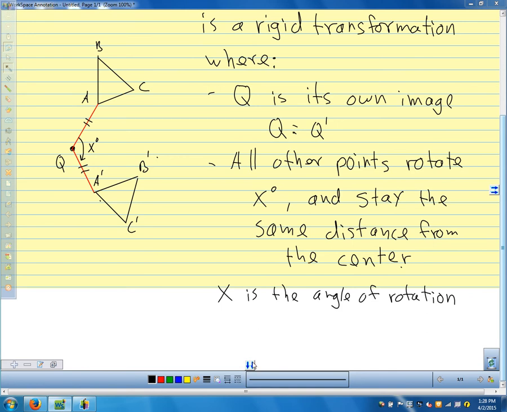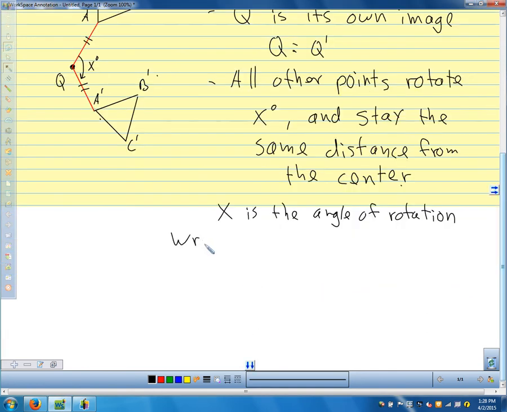And we write this, it is written, rotation, small r for rotation, of x degrees about point Q of triangle ABC equals triangle A prime B prime C prime.